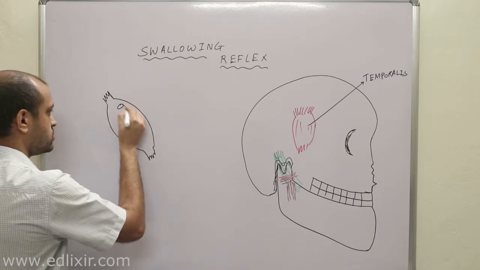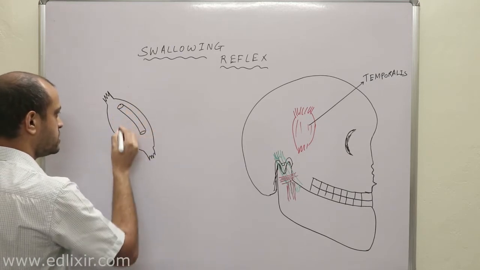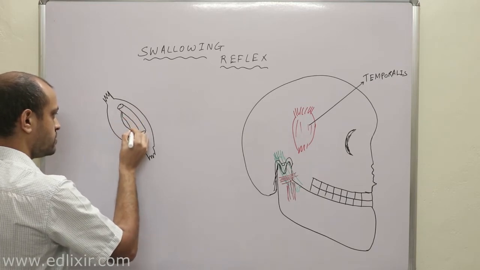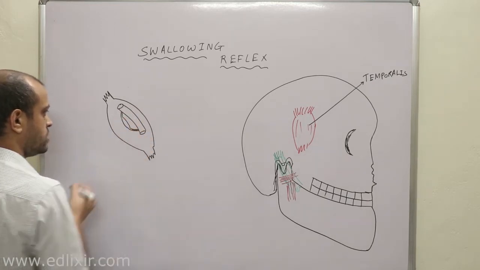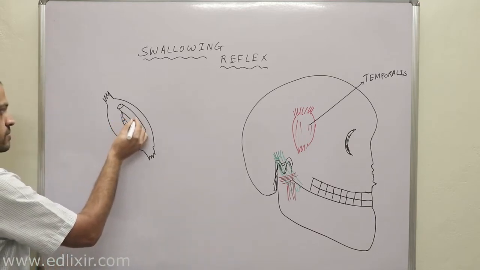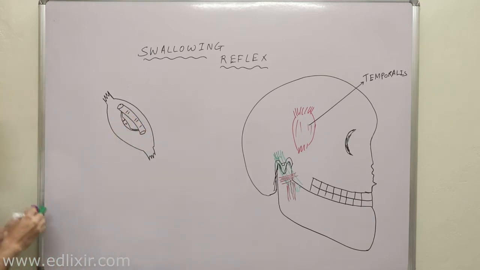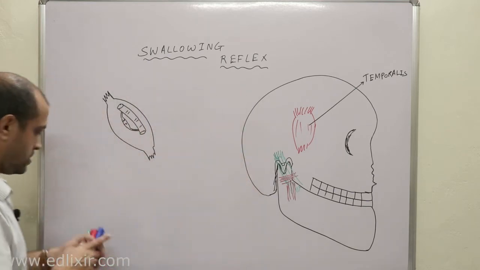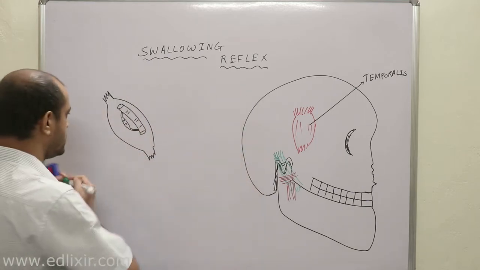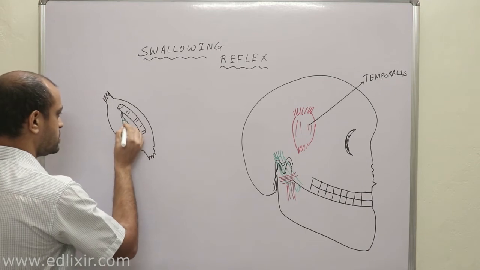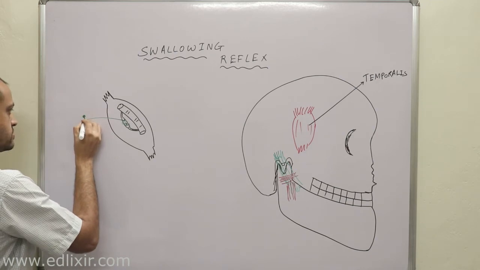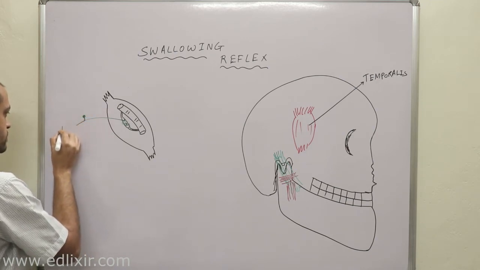A muscle has two main types of fibers, right? This is the sensory receptor. Now, when this is stretched, you remember?